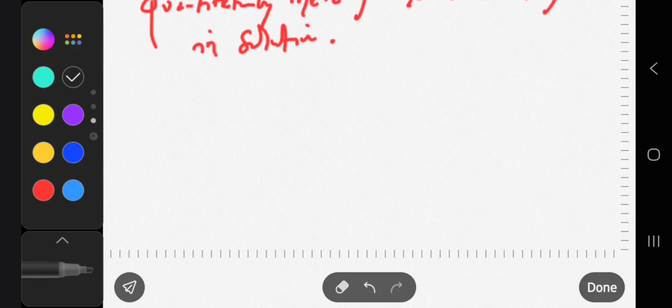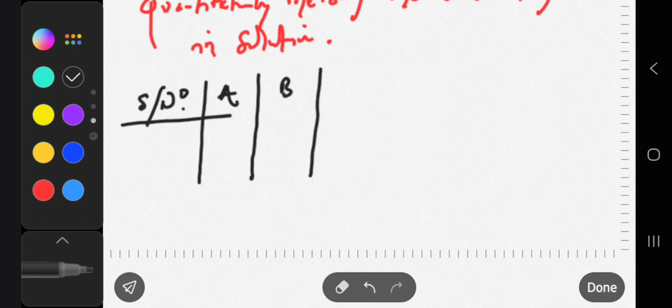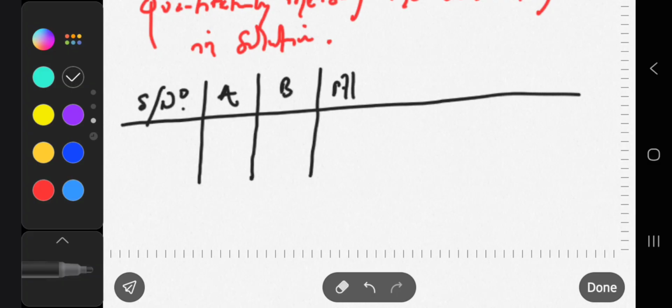And going through your manual, we had something that looked like this: you were given, let's say, a serial number, volume of A, volume of B, right? And you are given the pH, or you are expected to find the pH of different chemical species.